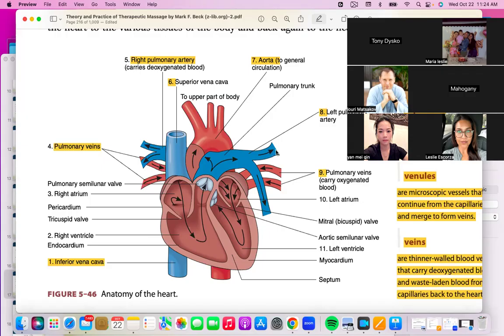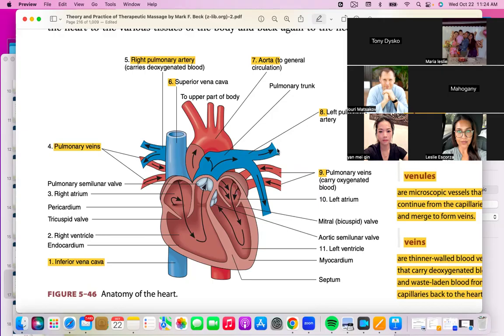So what happens is the deoxygenated blood goes from the pulmonary artery to the lungs, to the capillaries, venules, then capillaries, back to the arterioles, and then everything gets diffused into the capillaries and comes back to the pulmonary vein. So vein is going to be oxygen-rich blood. And comes back to which side? To the left side of the heart.